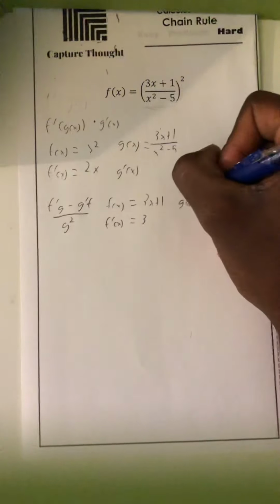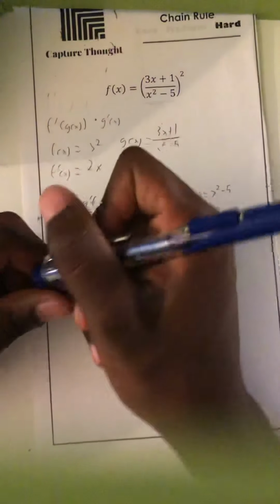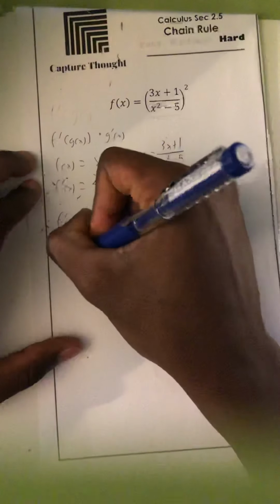So let's do 3x plus 1. That would be times g. Oh, whoops, yeah, I did it right, sorry. So we found the derivative of f, which would be 3.